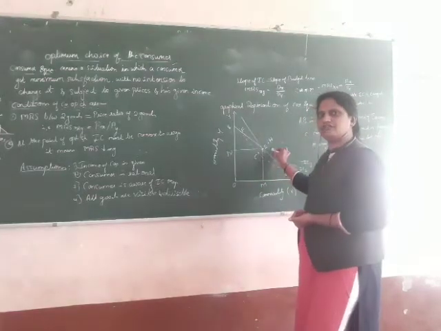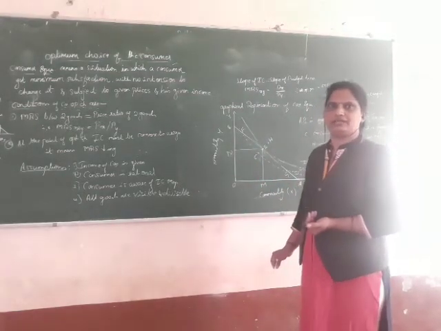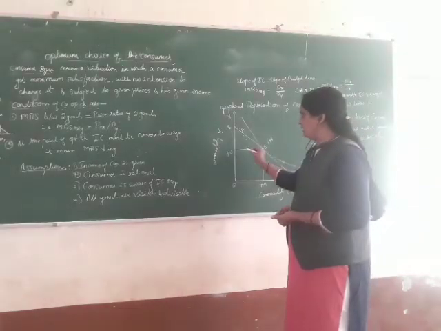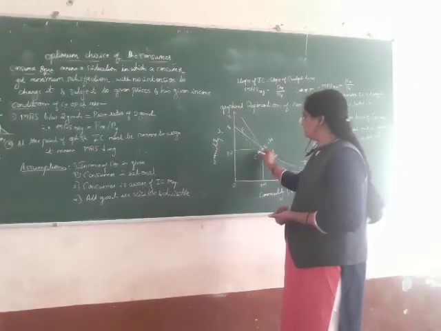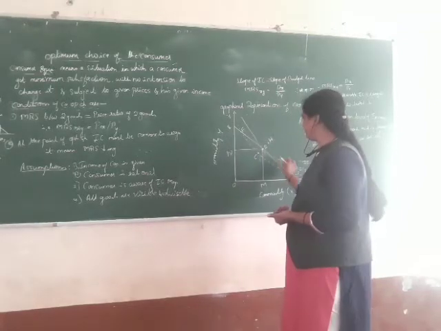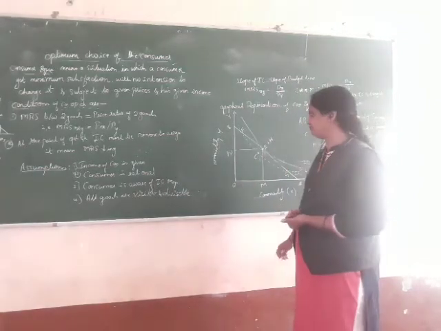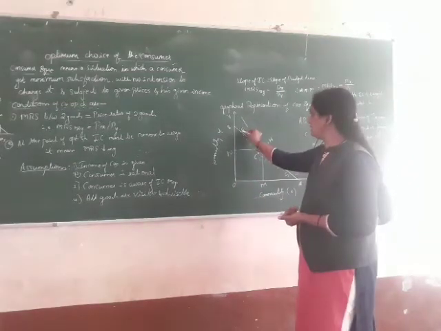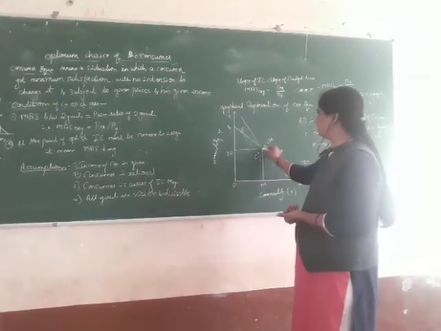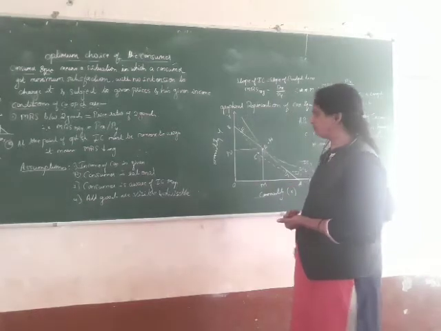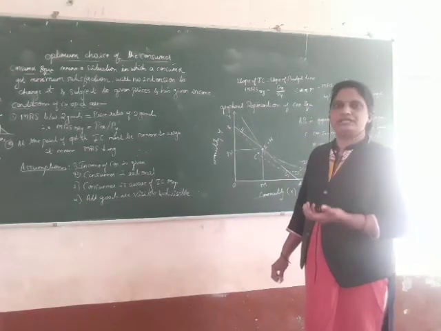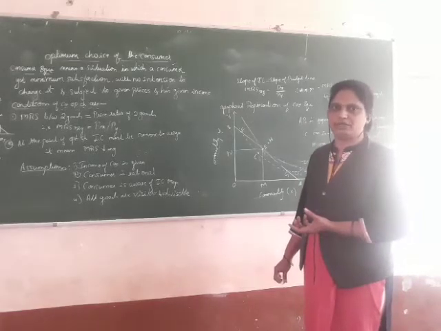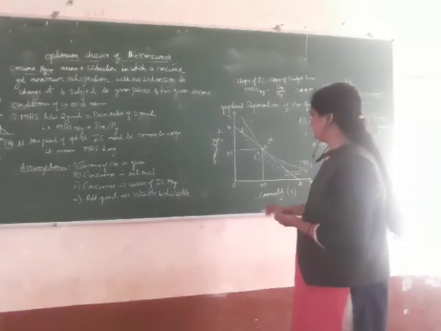Here there are three different IC curves: IC1, IC2 as well as IC3. Here I am showing points on the different IC curves: C, F, G, E as well as H. Which one is the optimal point? Which one is the consumer's equilibrium? That we have to find out now.